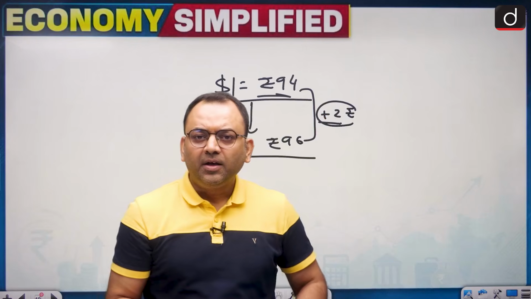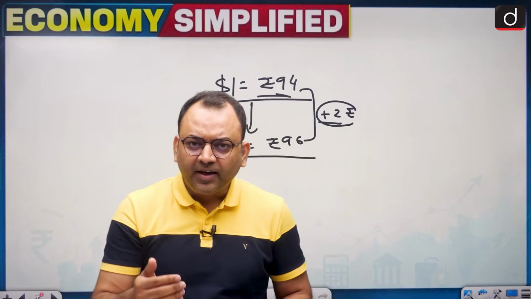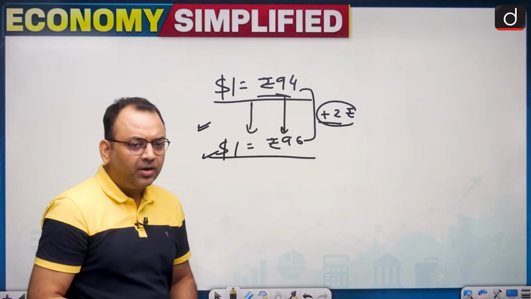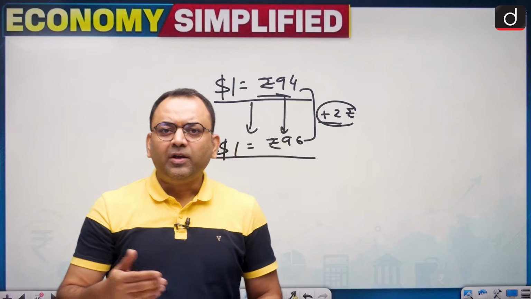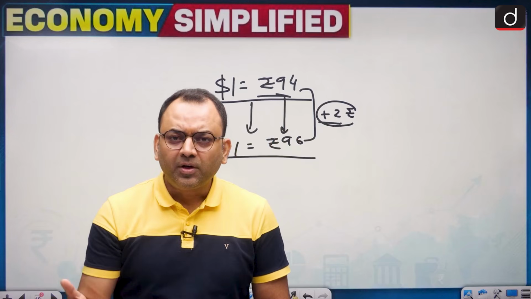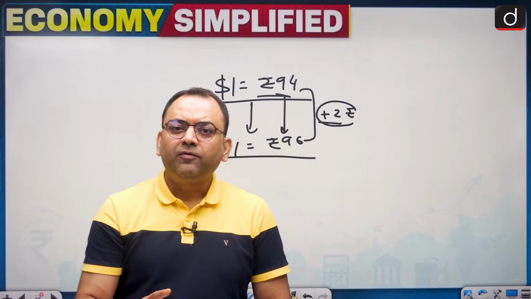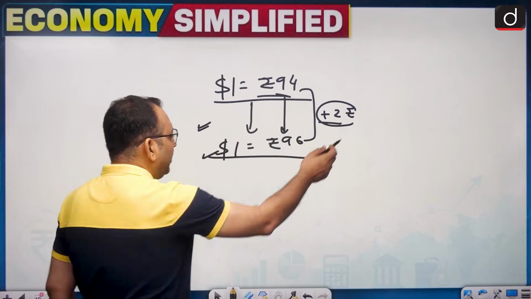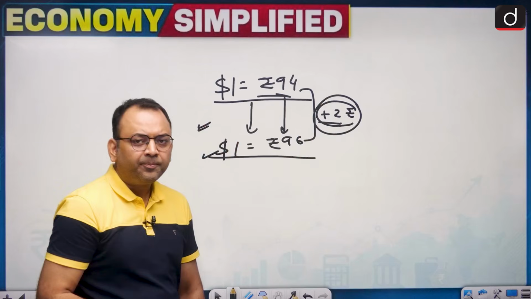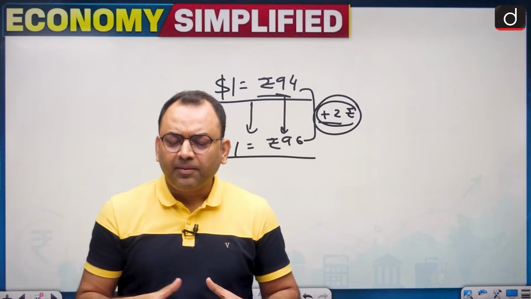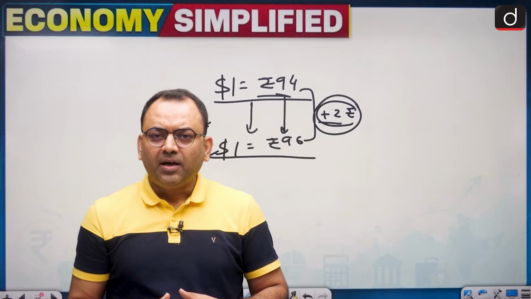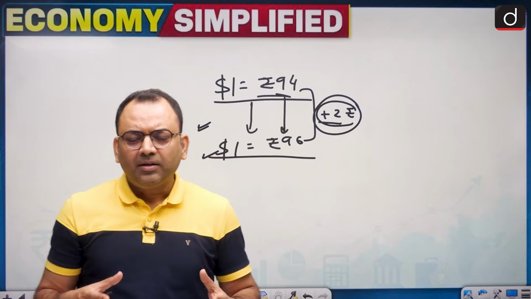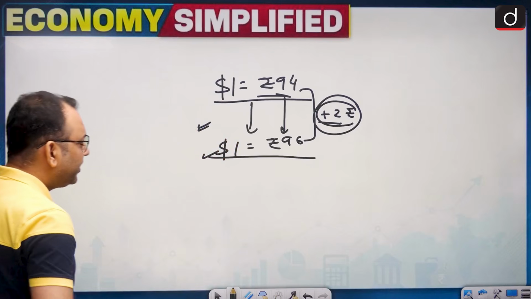So when this phenomenon takes place, I would say that the rupee has depreciated because the rupee has lost its value. You see, 2 rupees have lost value because the same dollar is coming for 96 from 94. So the rupee has depreciated, right? So when the dollars are in high demand, dollars go back to the country, we have a political instability, we see that the rupee depreciates, right?